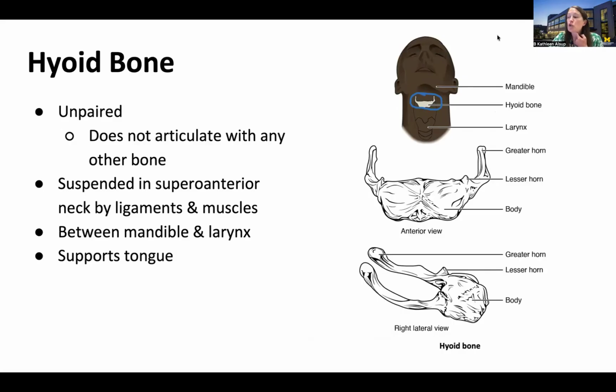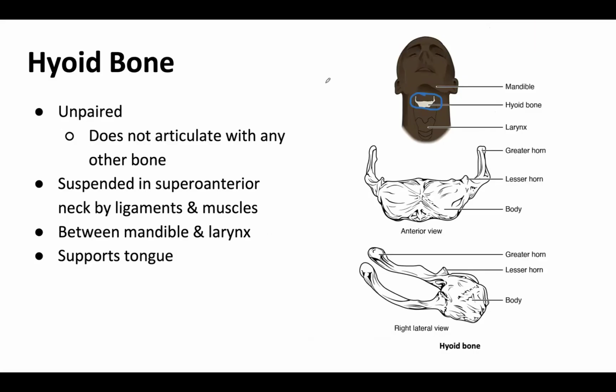You would have to move superior to that and press pretty hard. Sometimes I kind of move my chin down in order to feel the hyoid bone. Pressing really hard on the neck obviously can be quite uncomfortable, so I don't suggest doing that unless you can feel it a little bit easier. But it's pretty high up there, right underneath the mandible.